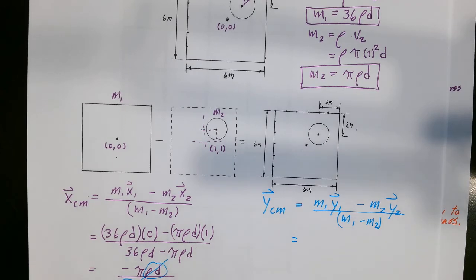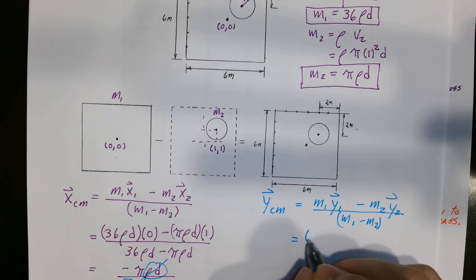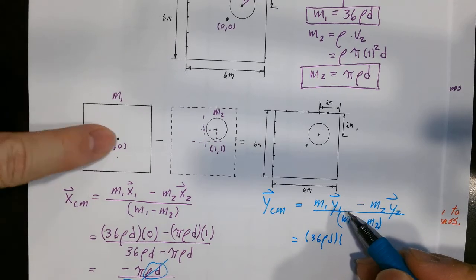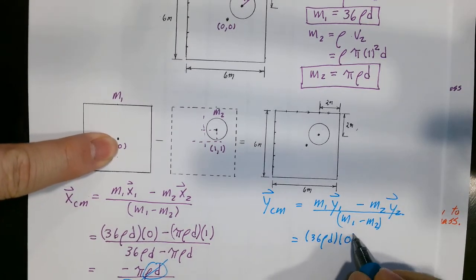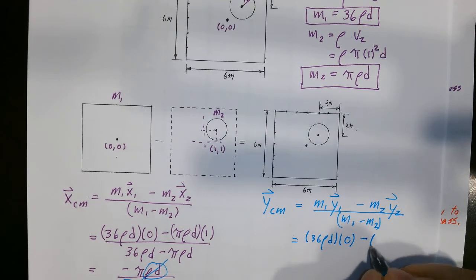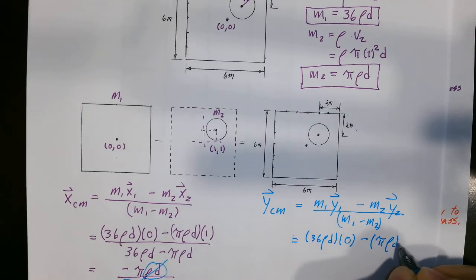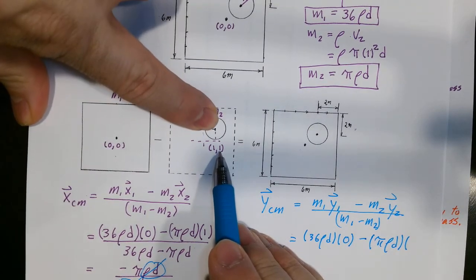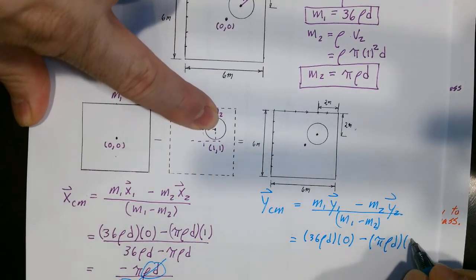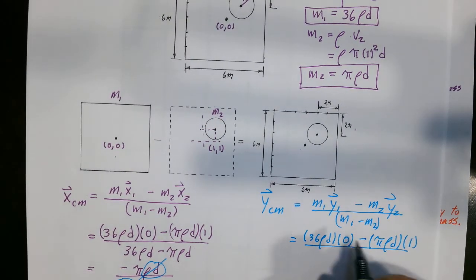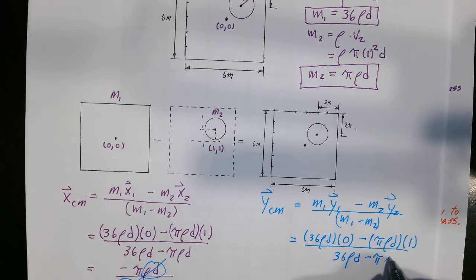You could see the symmetry because m1 again is 36 rho d times y1 is 0, minus pi rho d times y2 is just 1, again that looks identical, over 36 rho d minus pi rho d.